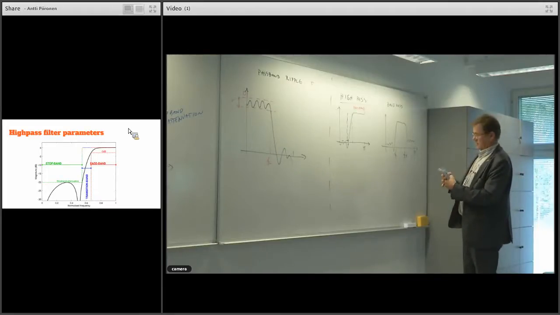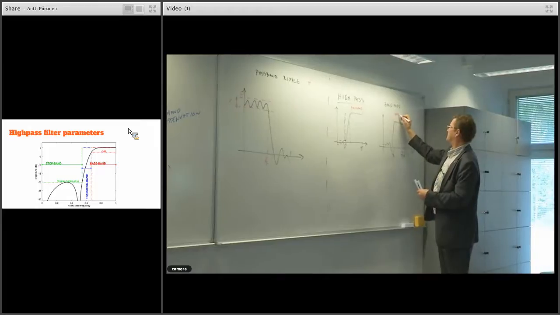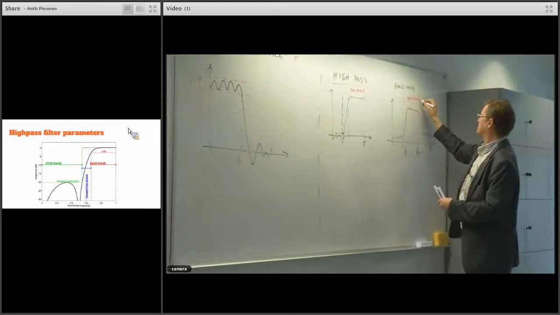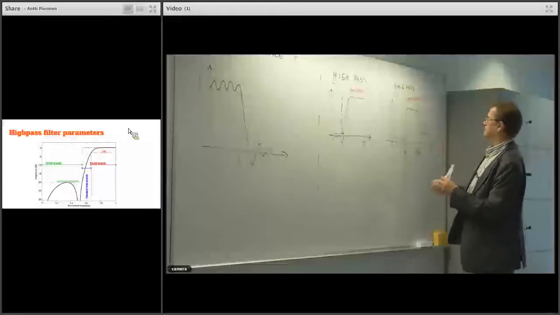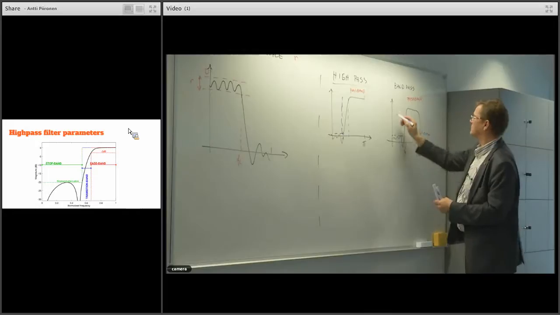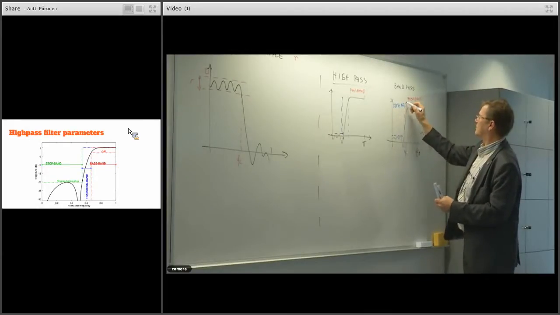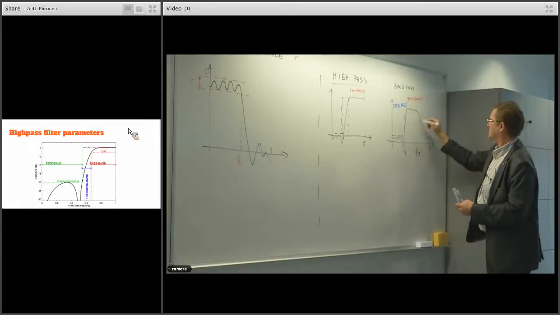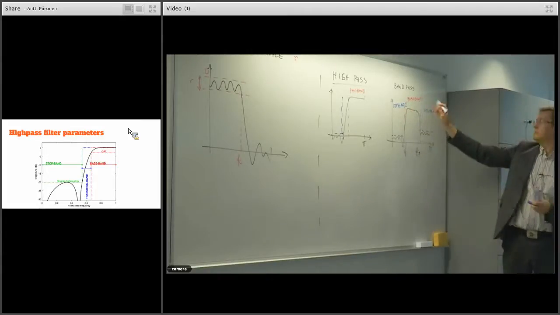So again, this is the pass band and 2 stop bands. Stop band 1, stop band 2, or lower stop band, higher stop band.